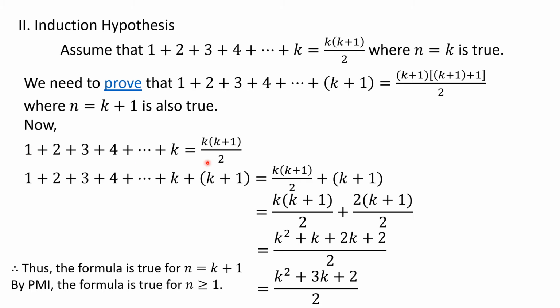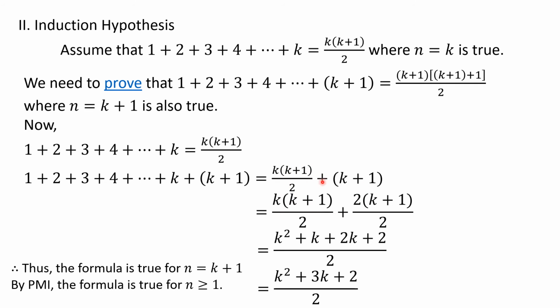So we just use this equation to prove the k plus 1. If I add k plus 1 to both sides of the equation, and then manipulate the right side of our equal sign, we have here k times the quantity k plus 1 over 2 plus 2 times the quantity k plus 1 over 2.